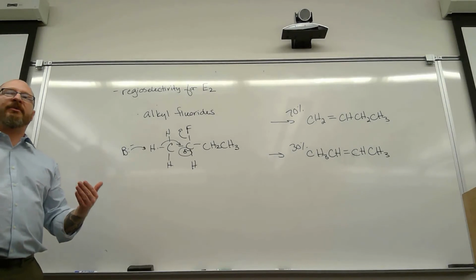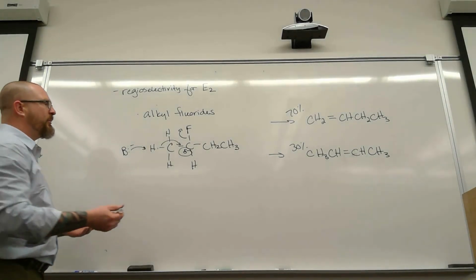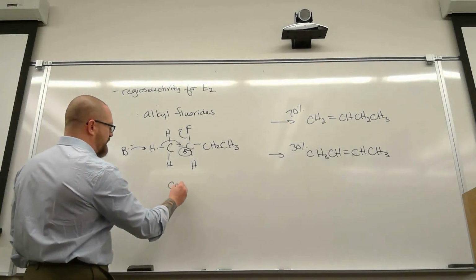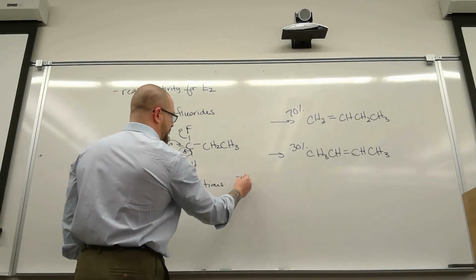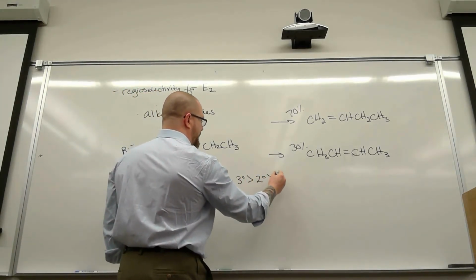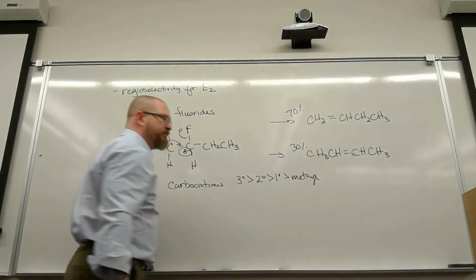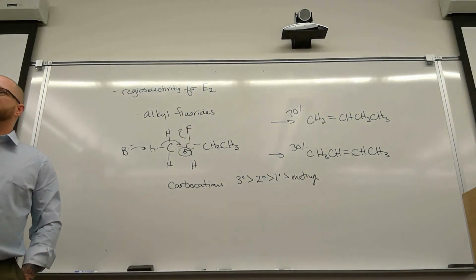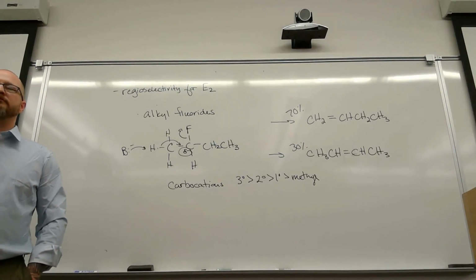Carbanions have opposite trends in stability versus carbocations. So in carbocations, tertiary is preferred over secondary, is preferred over primary, is preferred over methyl. Why are carbocations preferred with higher degree of substitution?